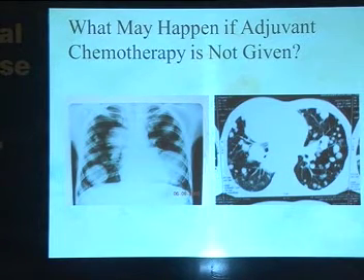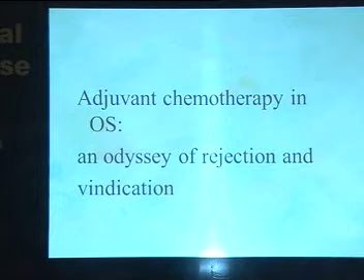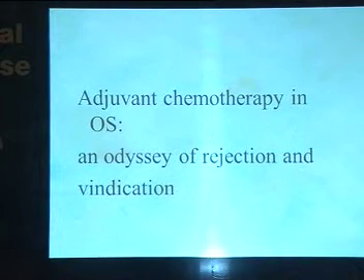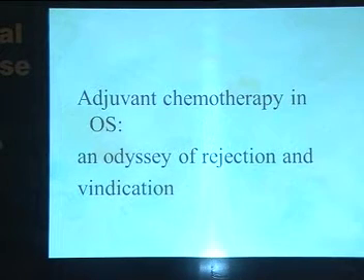In fact, adjuvant chemotherapy in osteosarcoma is an odyssey of rejection and vindication. And why do I say so? In the 1970s, effective drugs were available, it was used, and it was shown by one group that the metastatic rate is reduced by adjuvant chemotherapy in osteosarcoma.